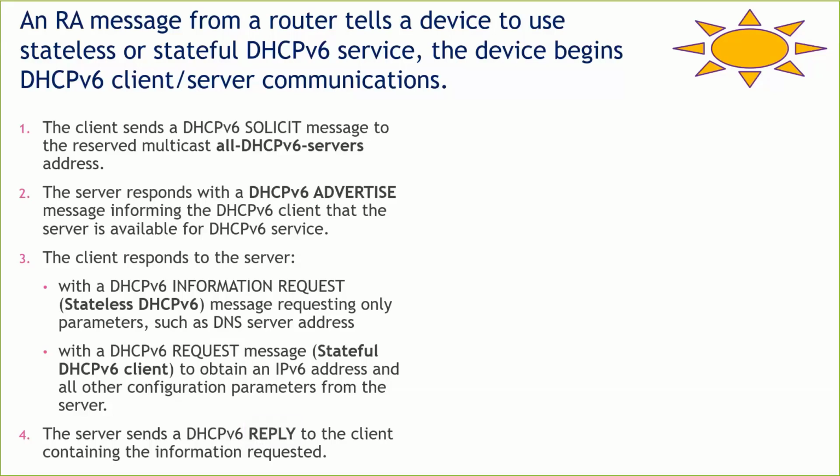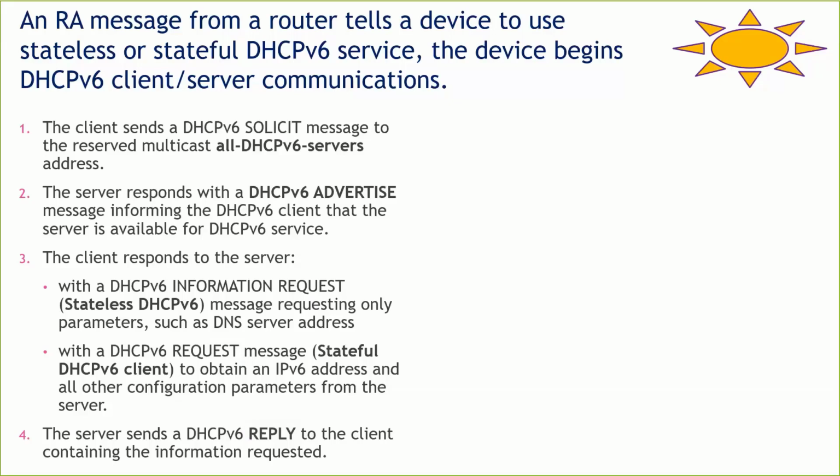A reply. Okay, so in DHCPv6 speak, that's similar to what in DHCP version 4? A reply is similar to a what? Yeah, an acknowledgement. Okay, so it's the same process. They just have to call it something different because it's IPv6. Okay, I need to solicit for an address.